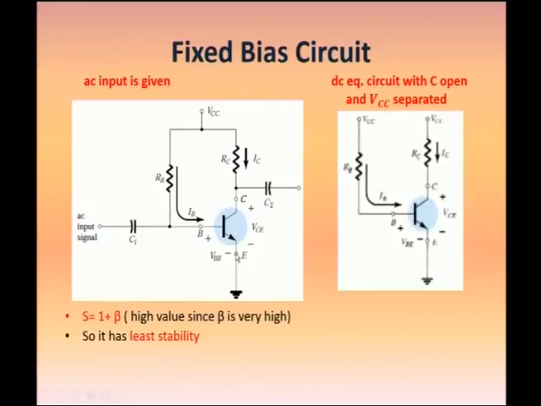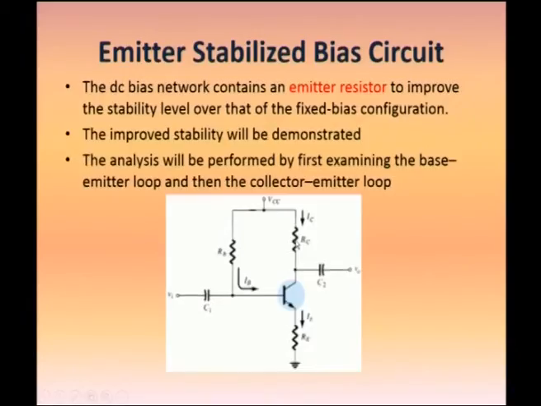So, there are a variety of bias circuits for the transistor, and all the circuits have different stability factors. Now, the fixed bias circuit is not our main point of discussion here, but we have to compare it with the self bias, that is, the emitter stabilized bias. This is the important circuit which we have to discuss now.